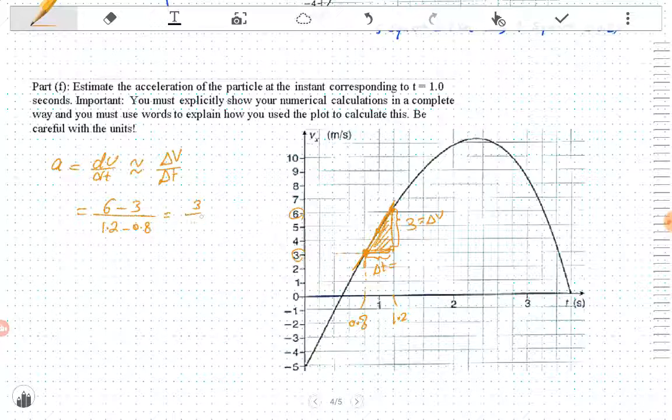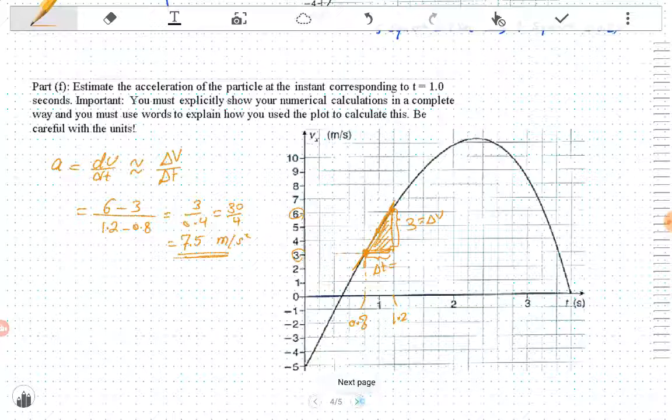That's equal 3 over 0.4, which is equal to 7.5, and the unit is meters per second squared. So that will be the approximation of the acceleration using the gradient or the derivative.